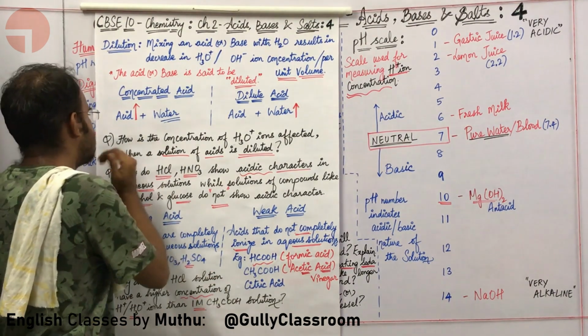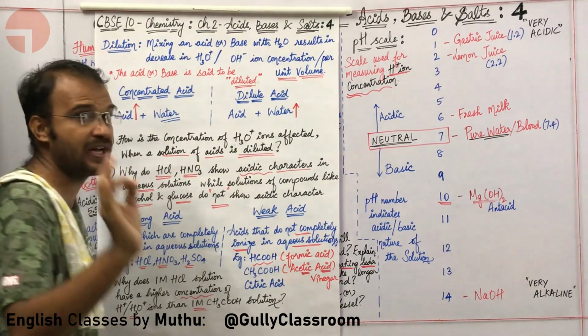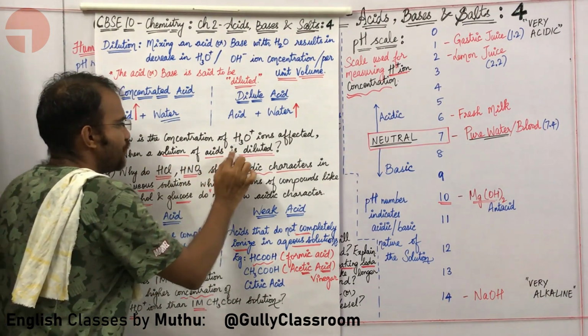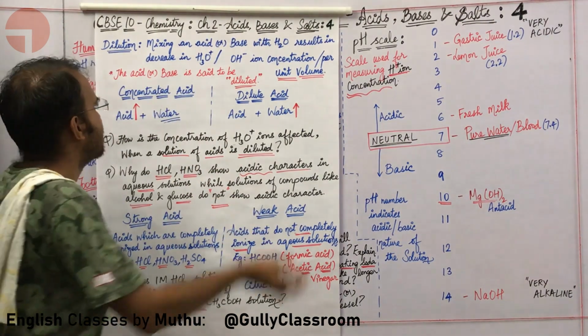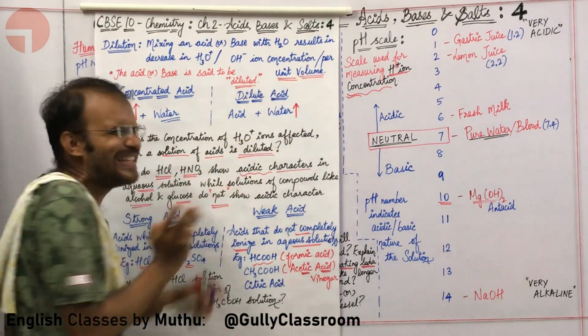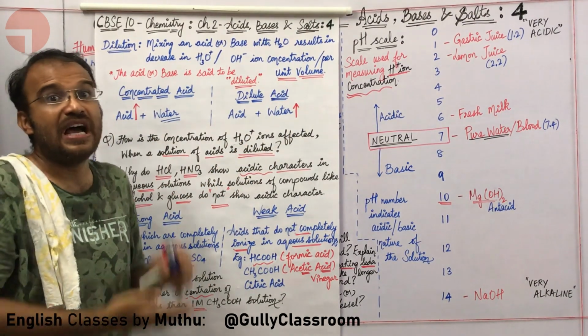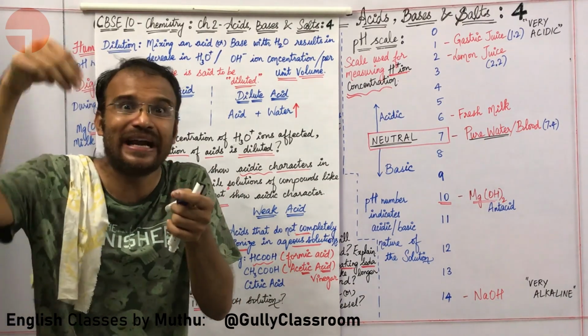Let me try to answer this question. How is the concentration of hydronium ions affected when a solution of acid is diluted? When a solution of acid is diluted, the concentration of hydronium ions is decreasing per unit volume. I just gave you the example of tasting a tumbler of milk by constantly adding water.